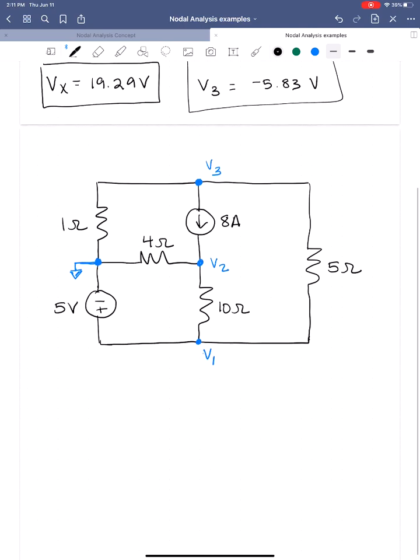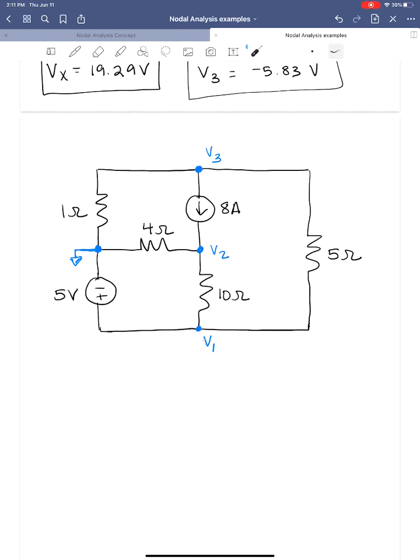We are going to sum the currents leaving the node. That's going to be the current flowing to the right. So node 1 is going to be V1 minus V3 over 5. The current flowing up is going to be V1 minus V2 over 10. And the current flowing to the left, that's this current flowing in this direction.